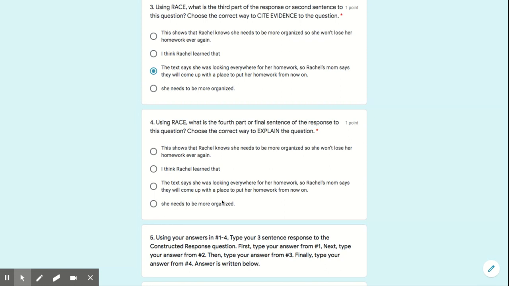I'm going to double check again to see if it's explaining my evidence and my answer. This shows that Rachel knows she needs to be more organized so she won't lose her homework ever again. So we're explaining she needs to be more organized so she doesn't lose her homework again. The homework was part of our evidence, and being more organized was part of our answer. So this question does explain our answer.